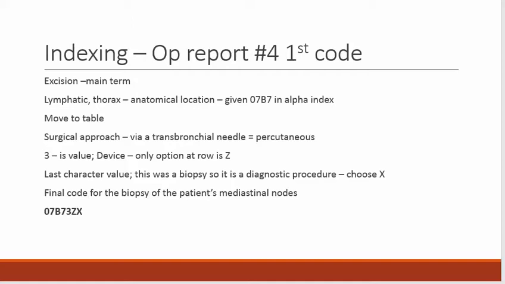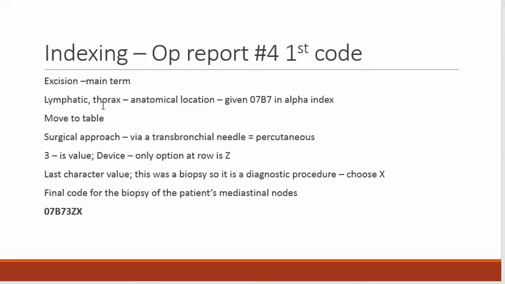We're going to index the main term of excision, and again, it was a lymphatic lymph. They're biopsying lymph nodes. It says transbronchial biopsy of mediastinal lymph nodes. So we're going to do excision, then lymphatic.